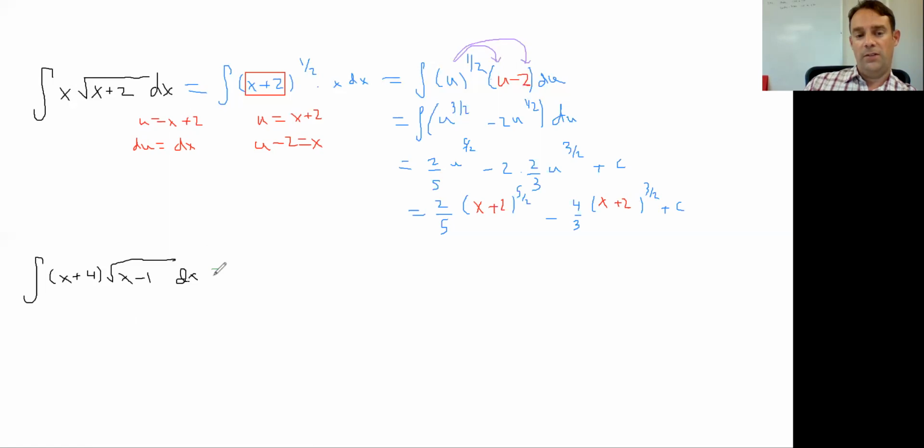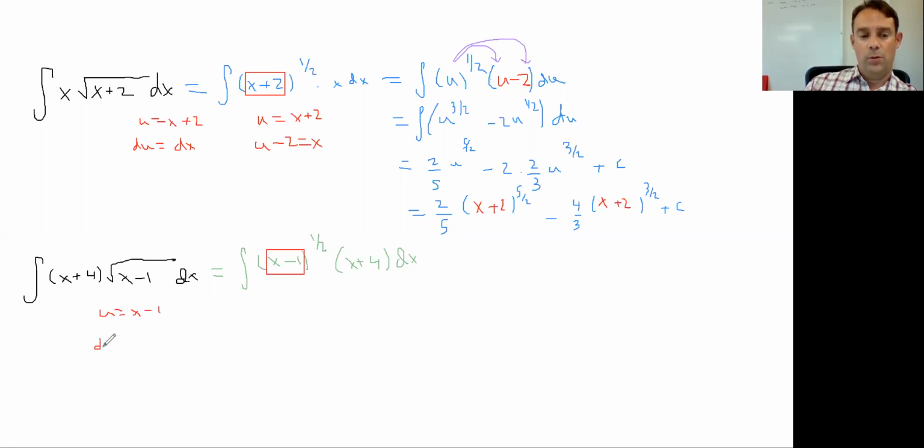All right, let's see how we did here. I'm going to rewrite it. Then I have an x plus 4 dx. All right, find that inside function again. We are hopefully getting a little bit better with this now. So u is x minus 1.